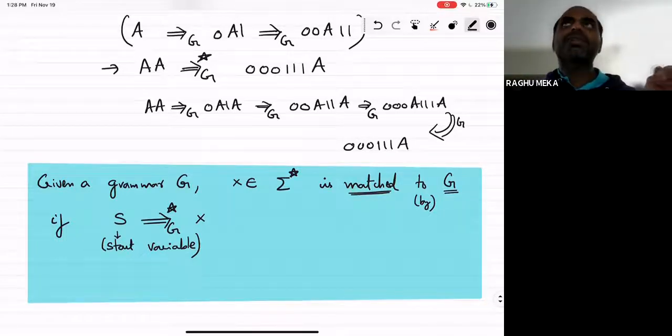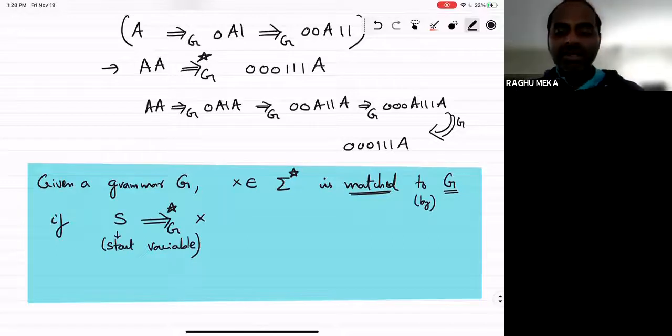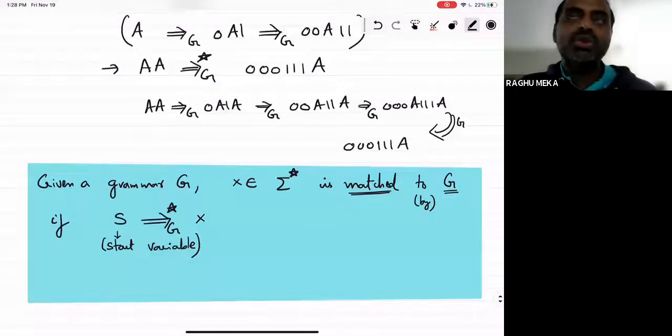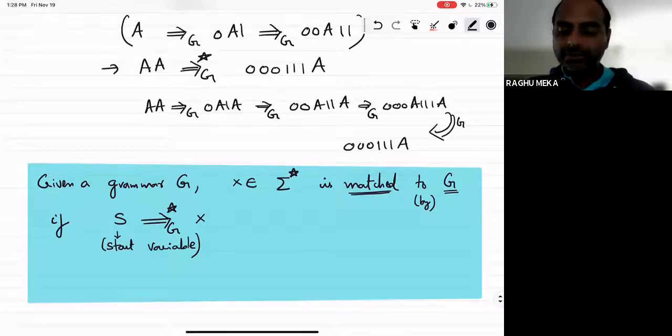Whenever that happens, we say that X is matched to or by the grammar G. Any questions about this?